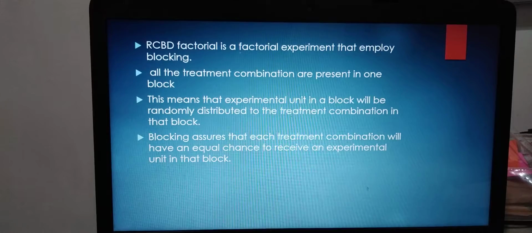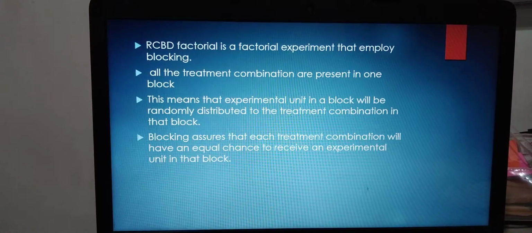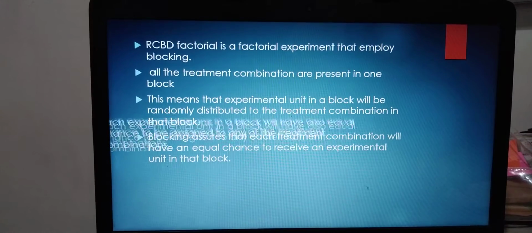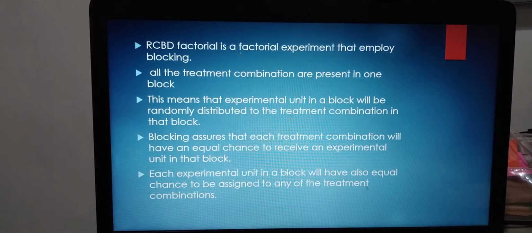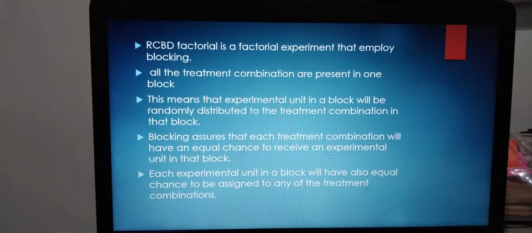Blocking assures that each treatment combination will have an equal chance to receive an experimental unit in that block. And each experimental unit in a block will also have an equal chance to be assigned to any of the treatment combinations.